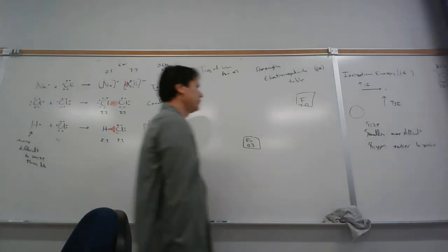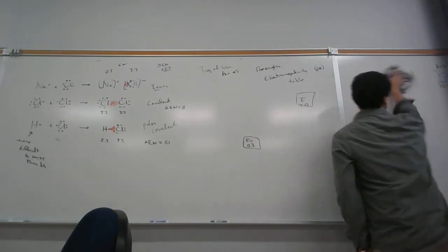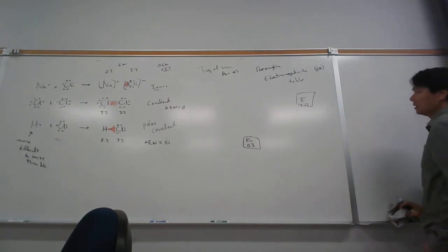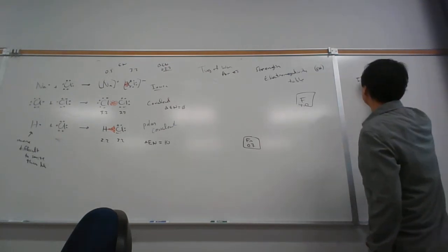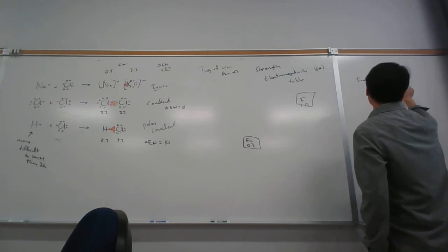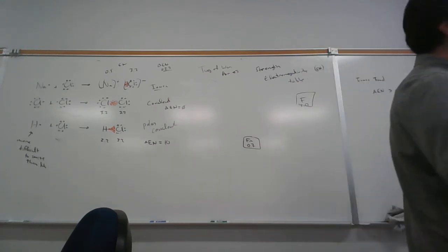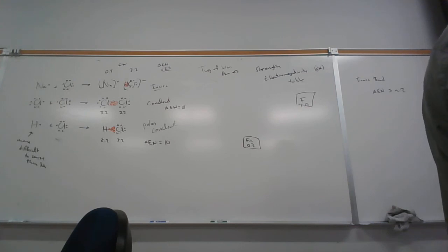So we're going to have some cutoffs here. If the difference in strength is significant, it's going to result in an ionic bond. And so ionic bonds are going to be characterized by having a delta EN greater than about 2. This is not set in stone here. And so these numbers are just rough, approximate cutoffs.